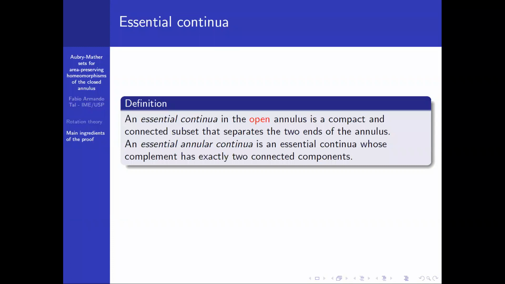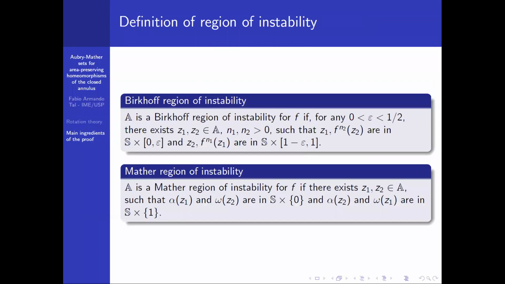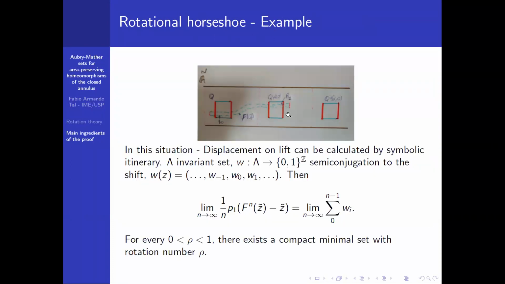I have also a question. Fabio, when you were talking about the topological horseshoe, you talked about minimal sets realizing the rotation number. I didn't understand. Yes. So, if I just look at the symbolic coding here, this is on the lift, but you can think of this in the annulus, right?